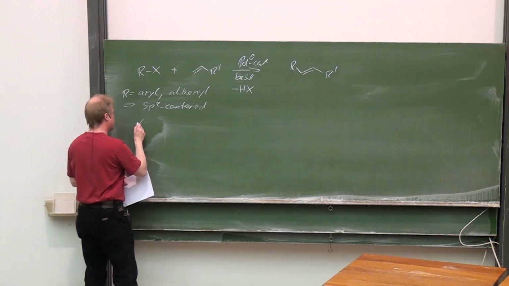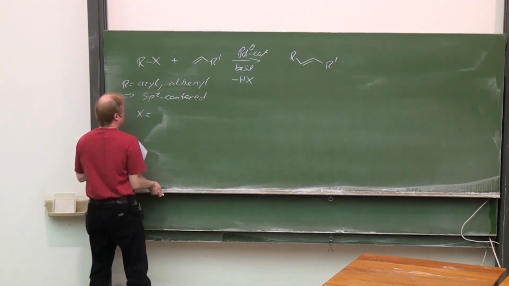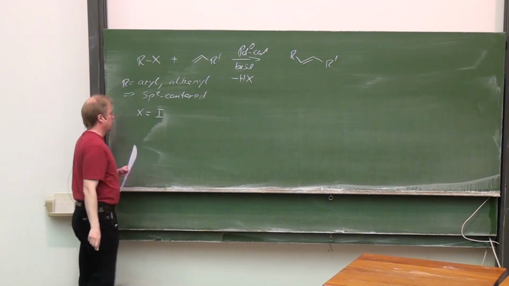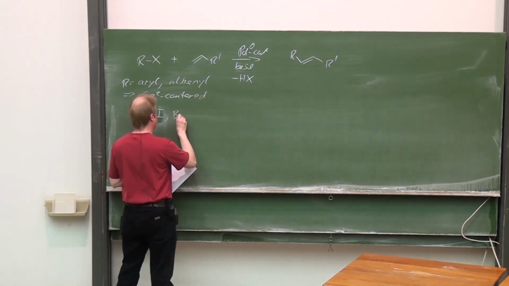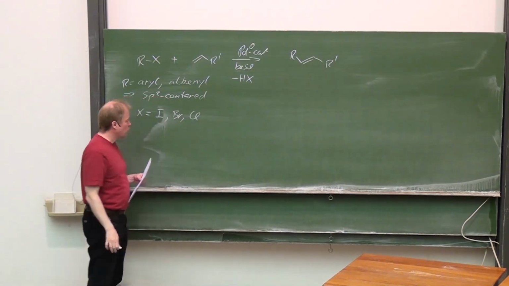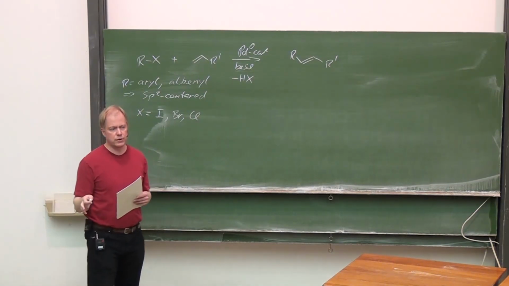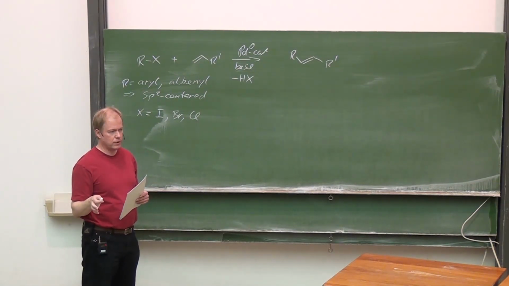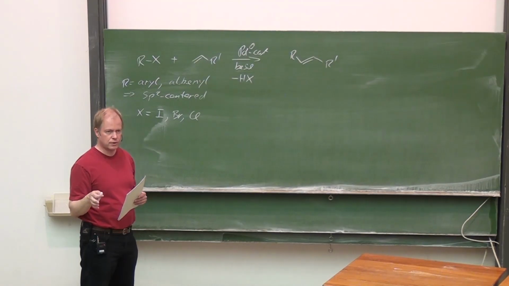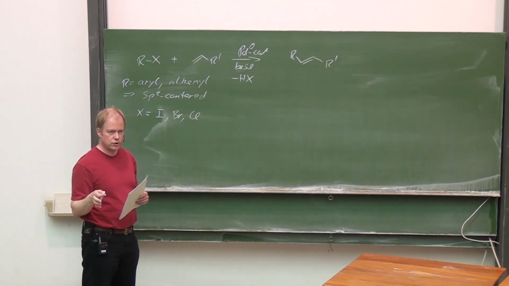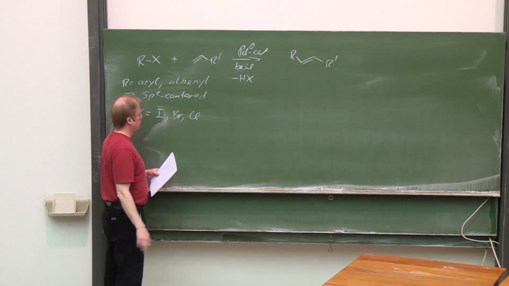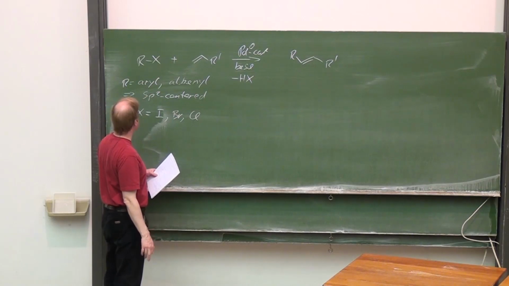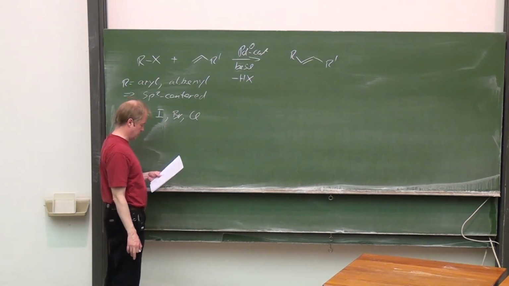Well, what can be X? Iodide is highly reactive, bromide less reactive, chloride is even less reactive, but meanwhile we have catalytic active systems which indeed allow the Heck-type reactions with aryl chlorides very well.